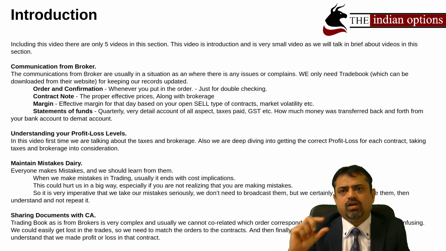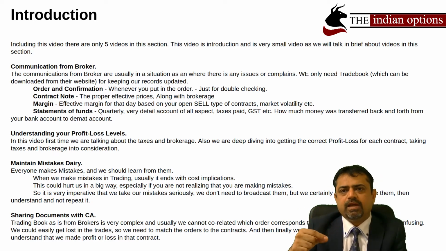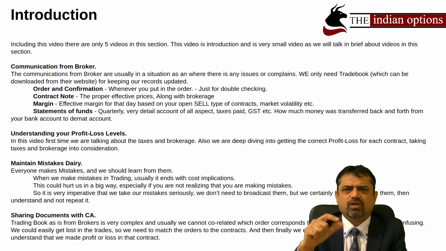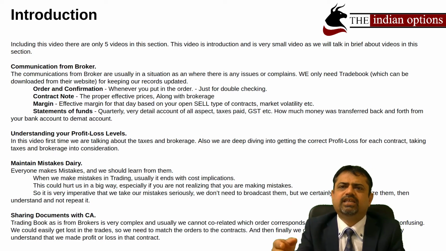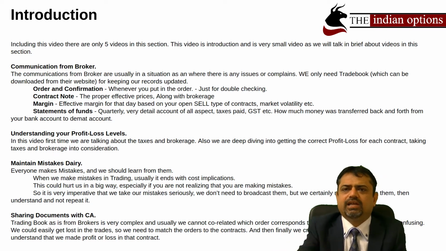But from the time that you put the order, to the time it reaches the exchange, and to the time it gets executed, there is always a lag of 1 or 2 rupees here and there. Sometimes it gets executed at 101 rupees, or sometimes at 98 or 97 rupees or 99.95 or something.